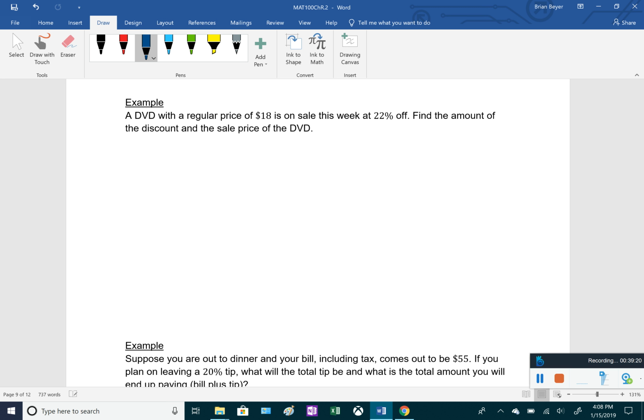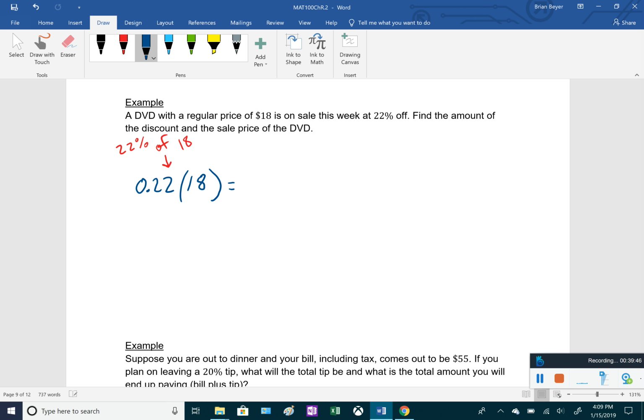So 22% of 18 is going to be 0.22 times 18. So that is 22% of 18. We change it to a decimal. The word of means multiplication.